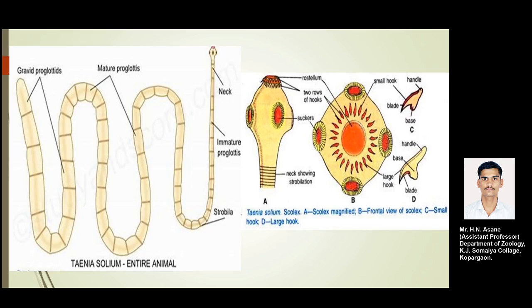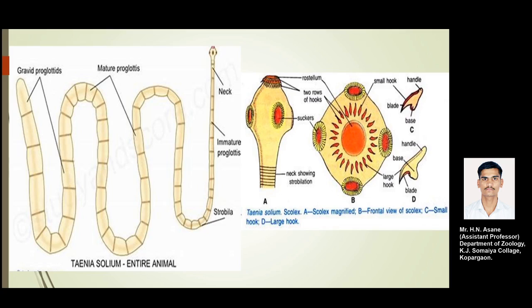As you can see, the neck of this parasite, behind the scolex, is the narrow, flattened, unsegmented region up to the immature proglottids.